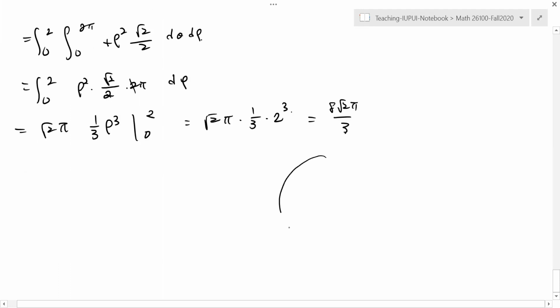Okay, so here's another way to do it, right? This is a cone.